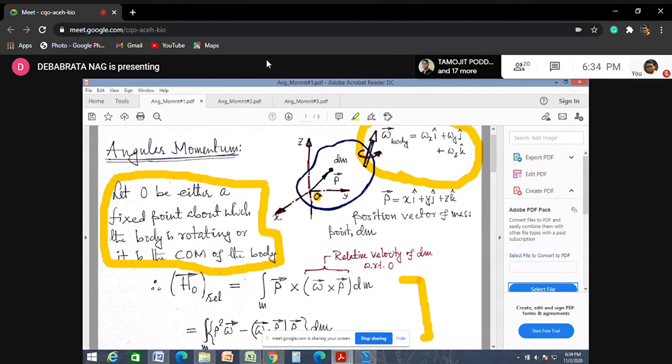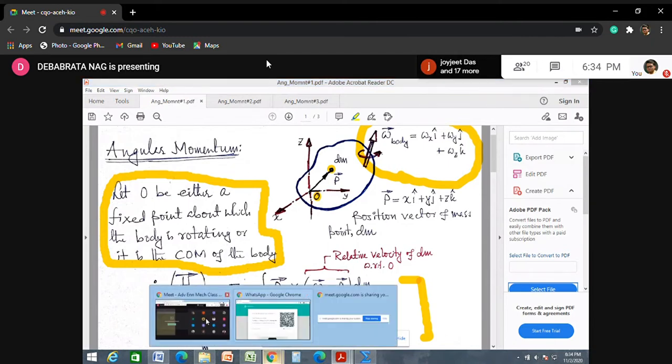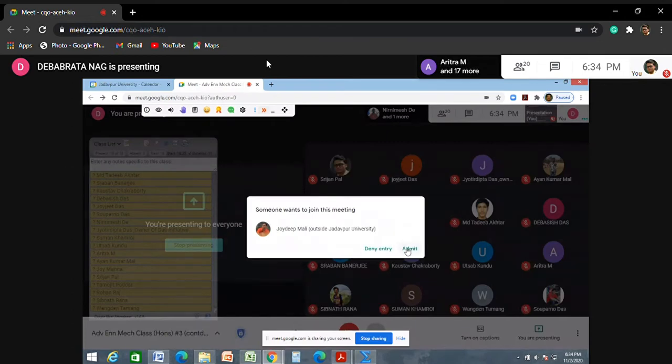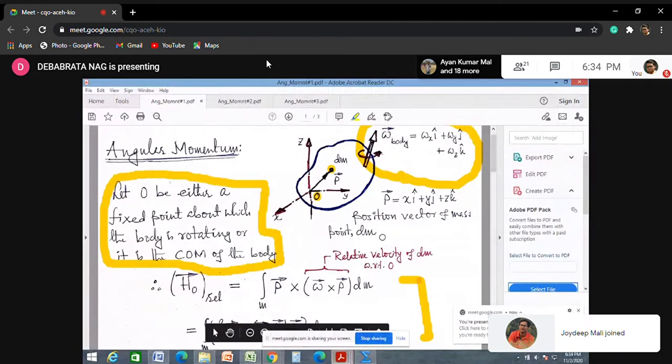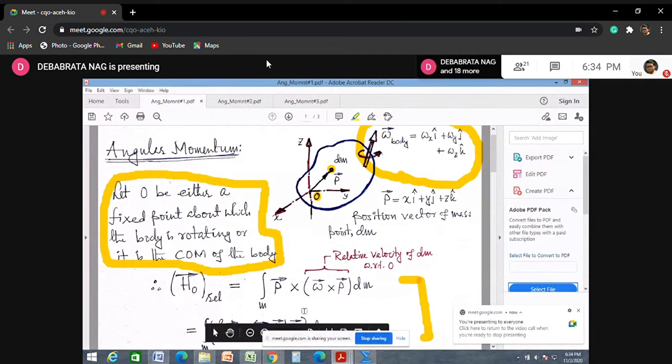For example, if I am trying to calculate the relative angular momentum of this body about point O, I need the relative velocity of this mass particle with respect to this point, and that has been expressed by this equation, the relative velocity equation with respect to point O.